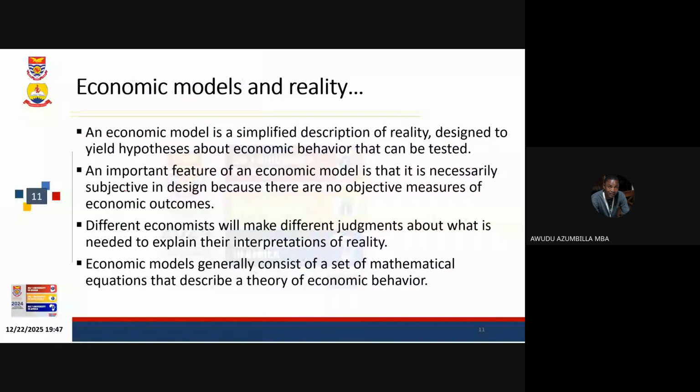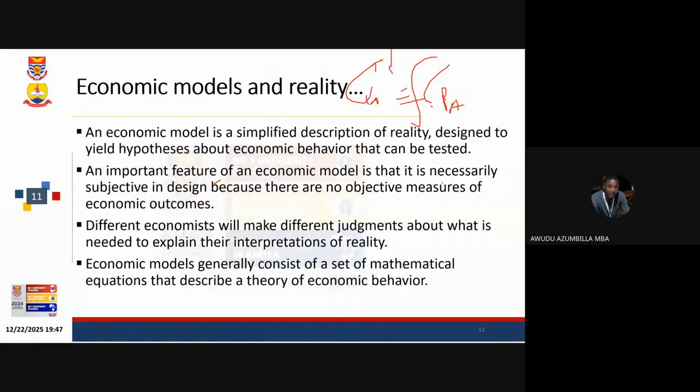So you said that quantity demanded of A is a function of what? PA. Okay, it's a function of PA. Someone else will put this one differently, but they will communicate the same thing. So it is something subjective. The models are subjective, not objective.